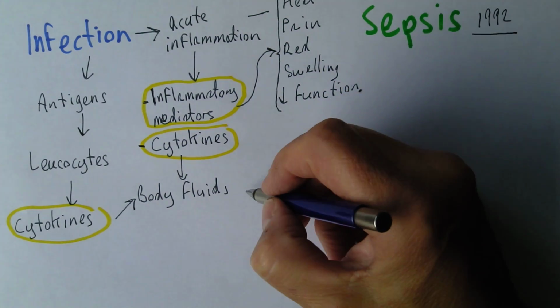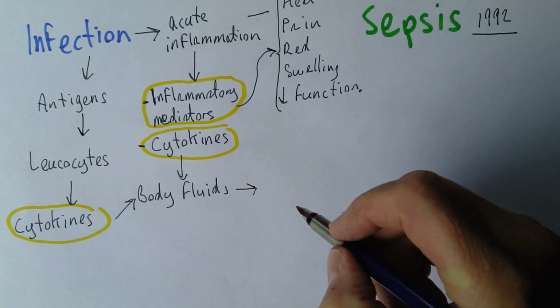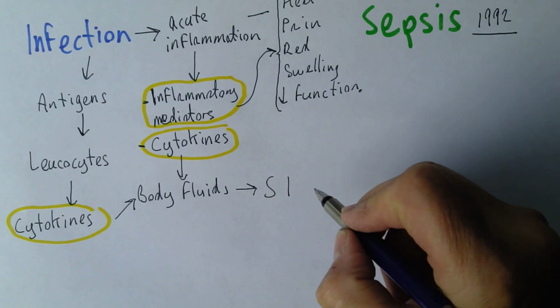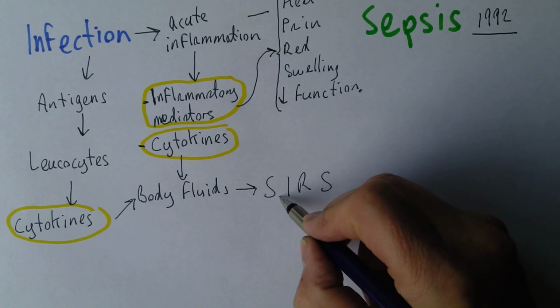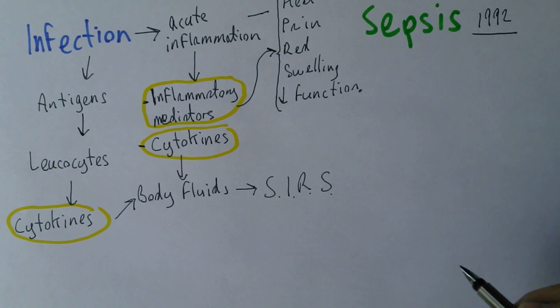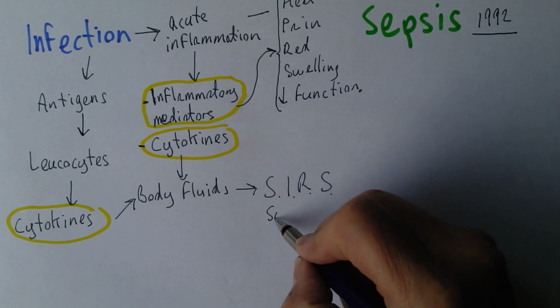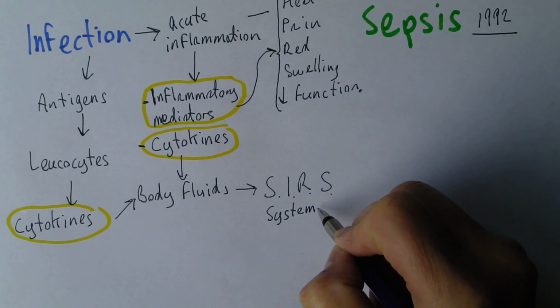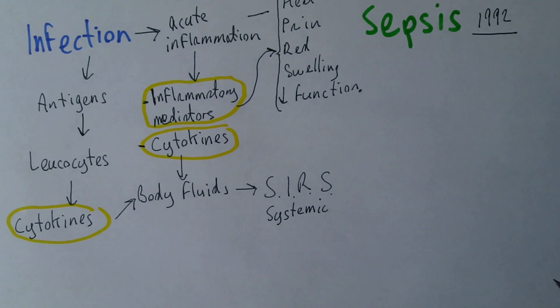And it's these cytokines in the body fluids that can lead to the systemic inflammatory response syndrome, SIRS. Systemic because it affects all the body.